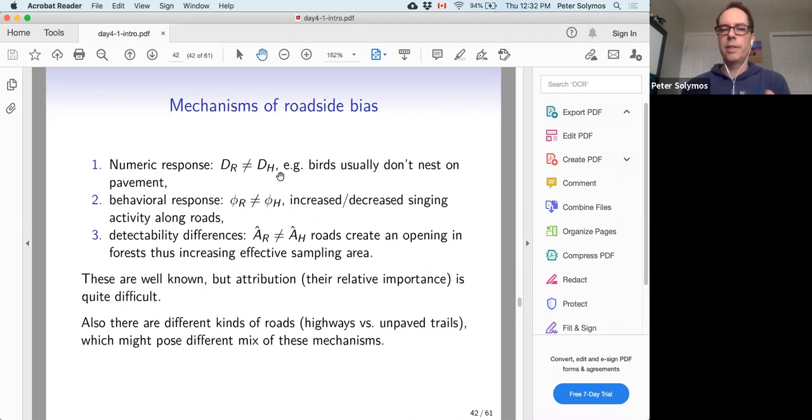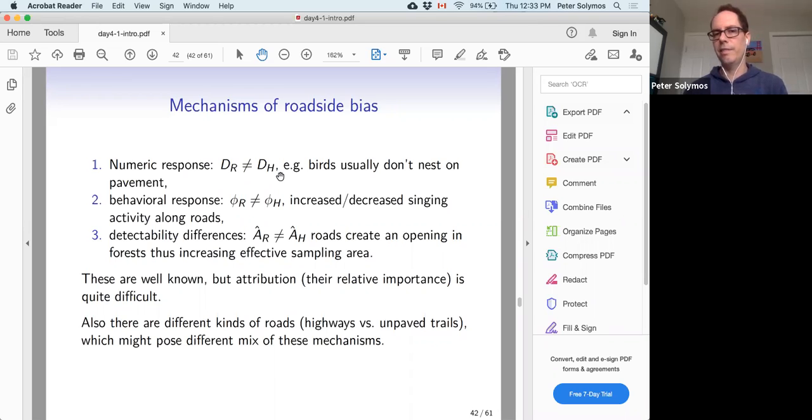Or sometimes you can say on the pavement, no birds are nesting. When it's gravel, you might say, well, here's a nighthawk. But you run into that situation on really rarely used roads and very infrequently.